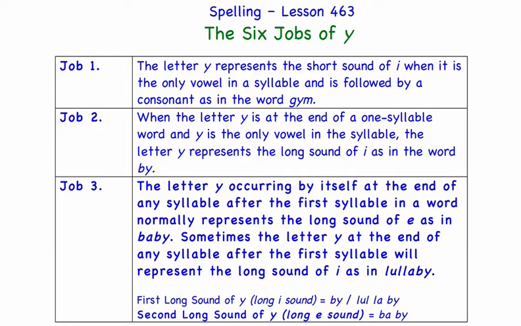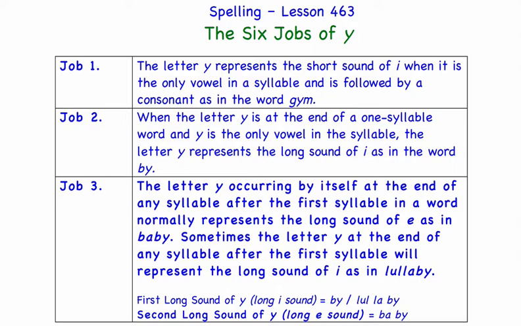Sometimes the letter Y at the end of any syllable after the first syllable will represent the long sound of I, as in lullaby. But most of the time, when Y comes at the end of any syllable after the first syllable in the word, it represents the long E sound. And Y has 2 long sounds.